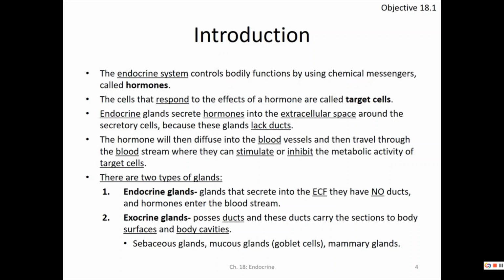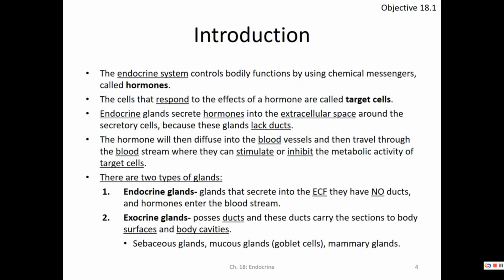If we know they go into extracellular space, then it goes into the blood. Remember that endocrine secretes endoblood. It goes in the bloodstream, carries that hormone all the way to the target cell, and it may stimulate that target cell, or it may inhibit that target cell's metabolism.